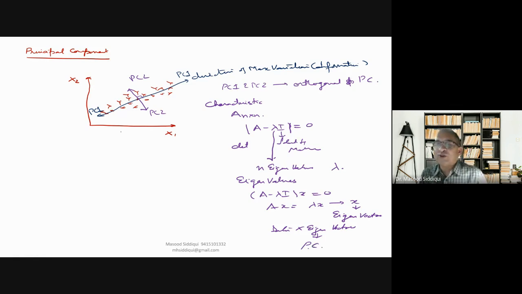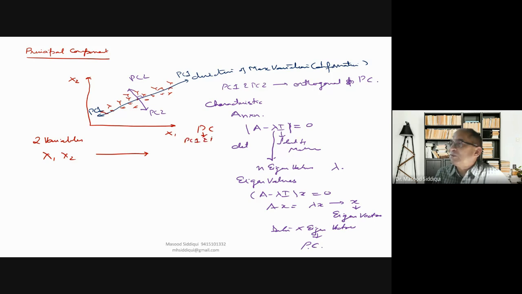If you don't want to follow that, you can very well ignore that, because this is a part of the statistics people. Anyway, so these two are the dimensions that we are covering. So here we actually have two variables, that is x1 and x2. Now suppose we have two principal components also, that is PC1 and PC2, right?